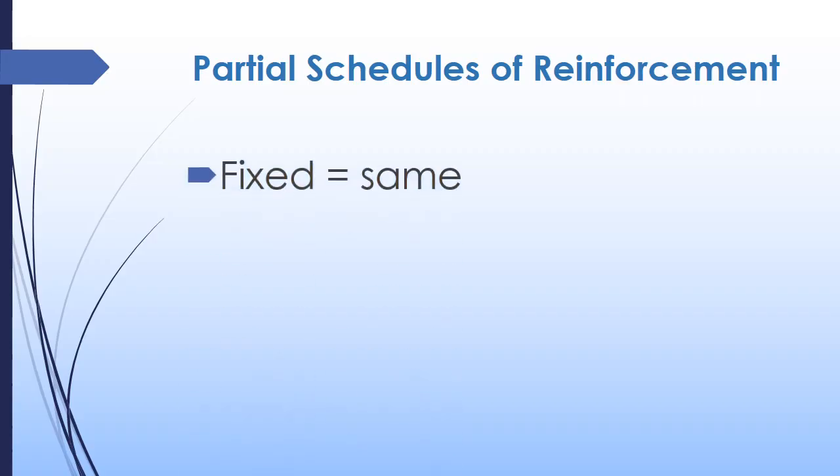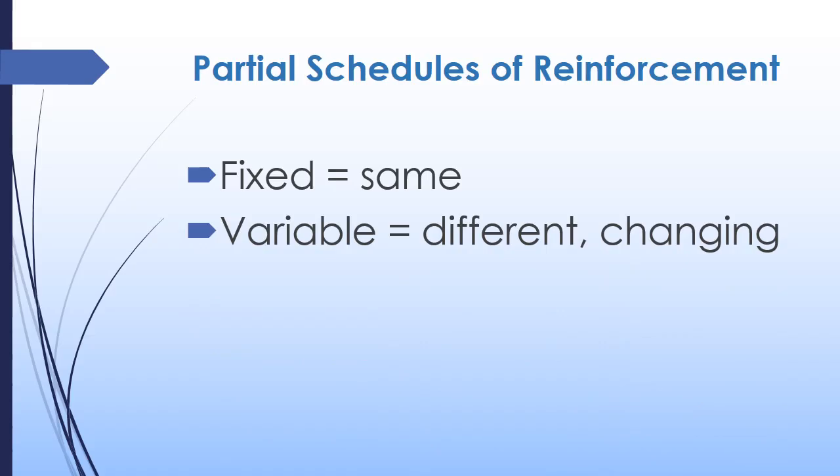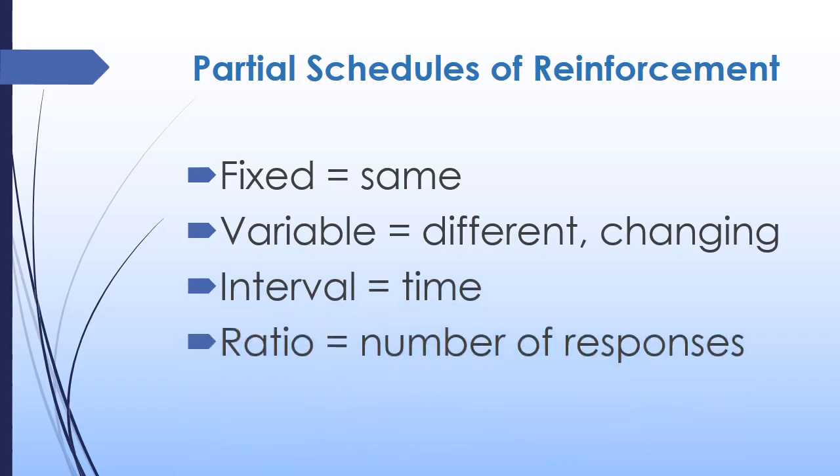When I say fixed, you think same. When I say variable, you think different or changing. When I say interval, you think time. And when I say ratio, you think number of responses. If you will keep this straight, you will keep the partial schedules of reinforcement straight.